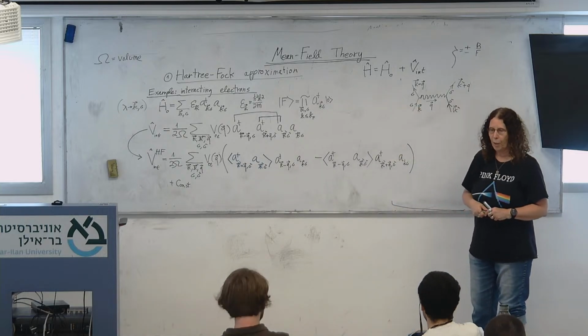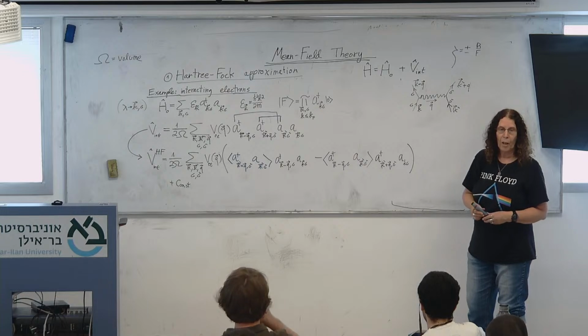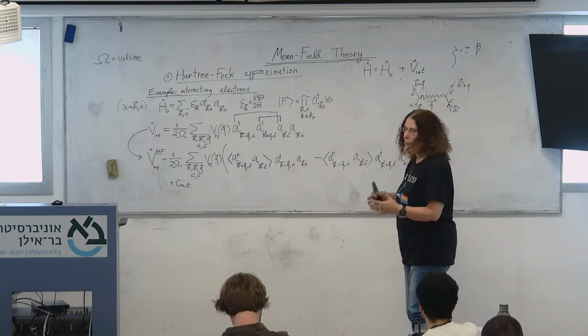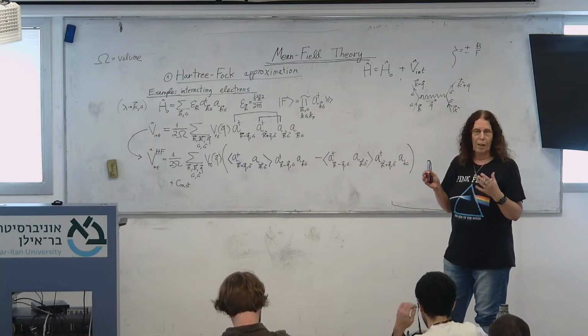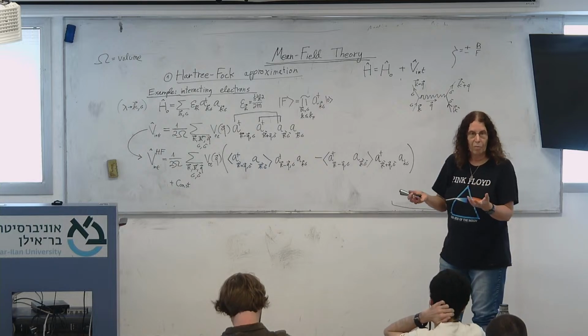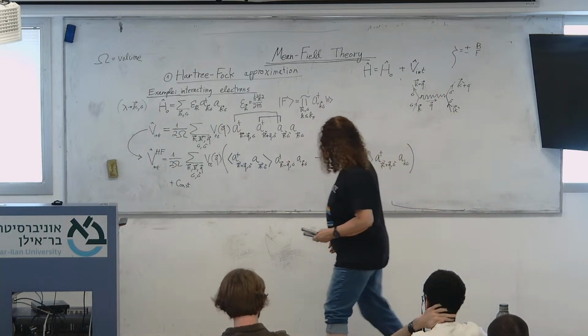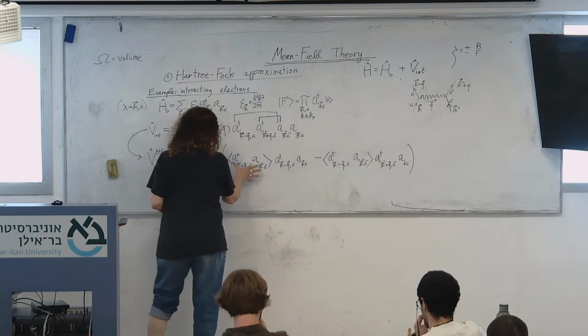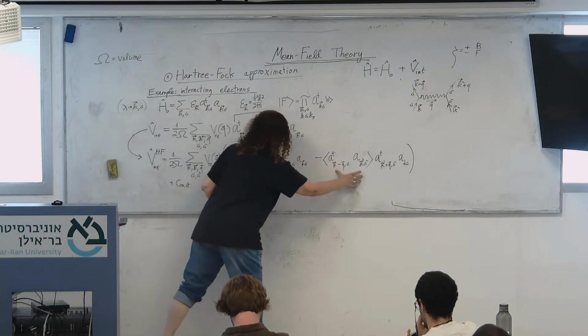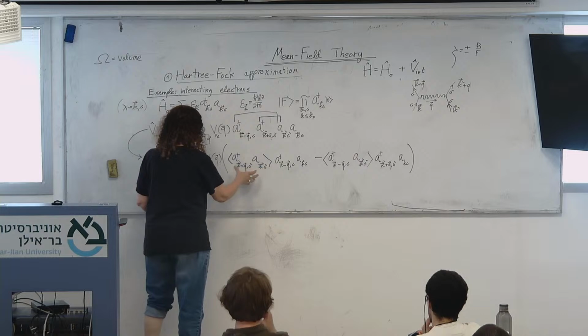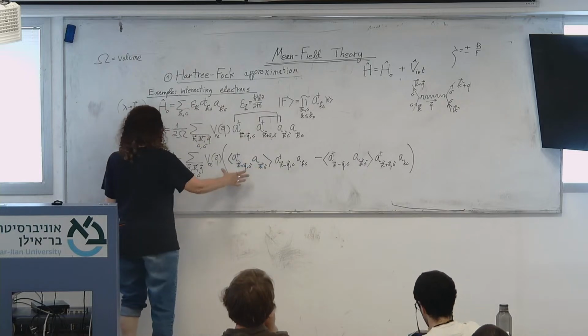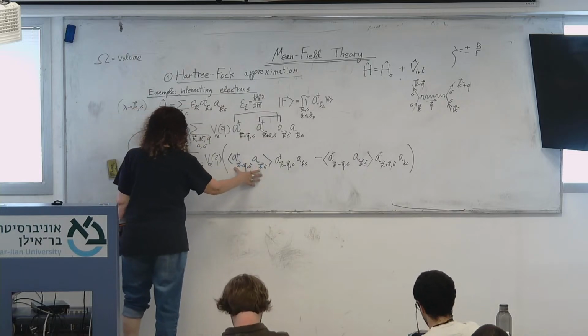I have only two terms, and each of them gives me a correction to the single particle Hamiltonian. Why? Because these are numbers. Actually, we know exactly what it is. I'll write it in a minute, but it's some number.